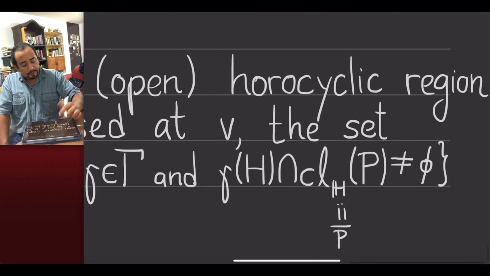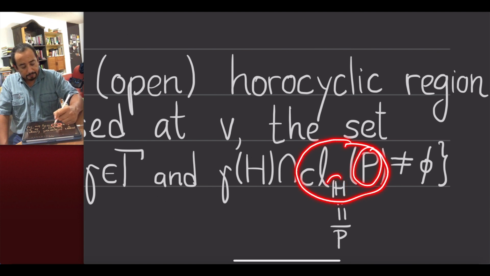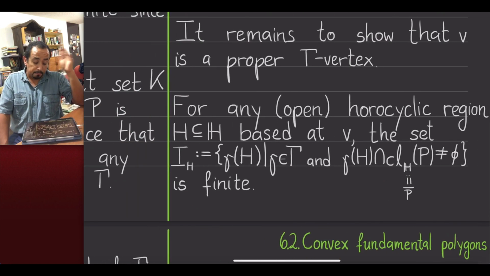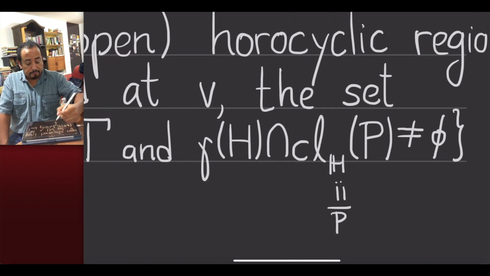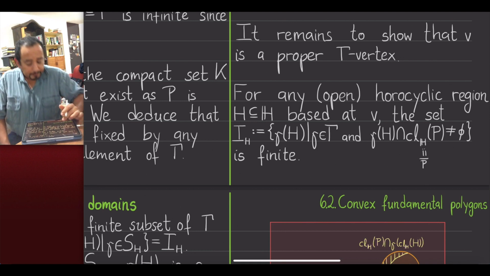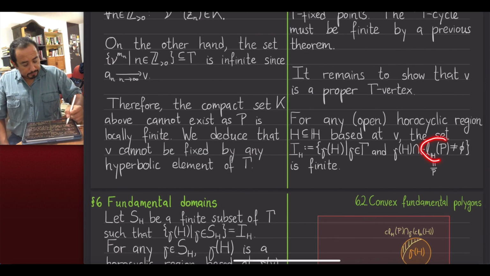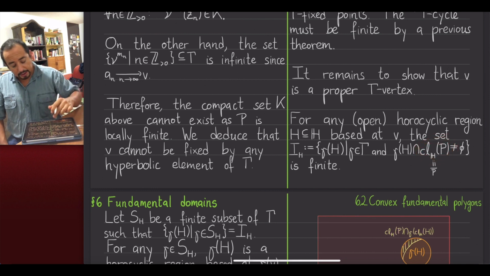And here, just to avoid confusion, I'm writing, instead of P bar, this closure in the hyperbolic plane of P, so the topological closure of P in the hyperbolic plane, not to confuse with P tilde, which is the topological closure of P in C bar, not in H. So this set of images of H under gamma that meet P bar is finite, although it may be that the number of elements of gamma that do the job is infinite, as we saw earlier.